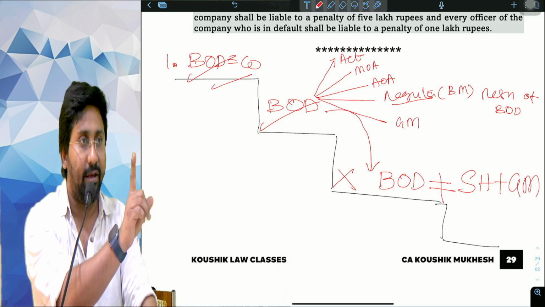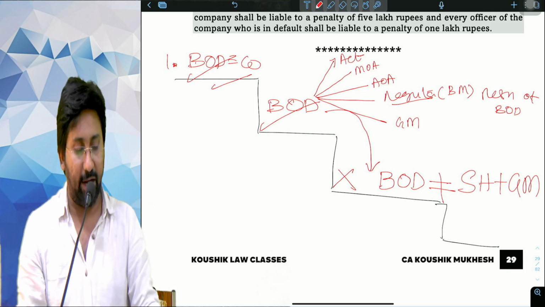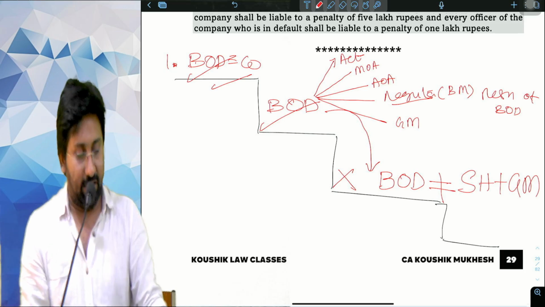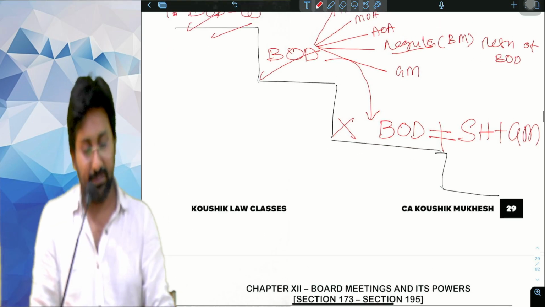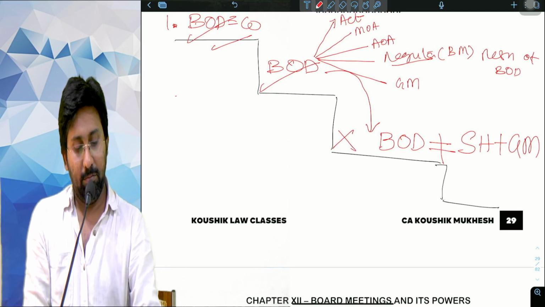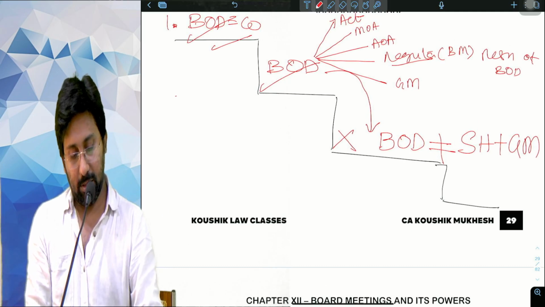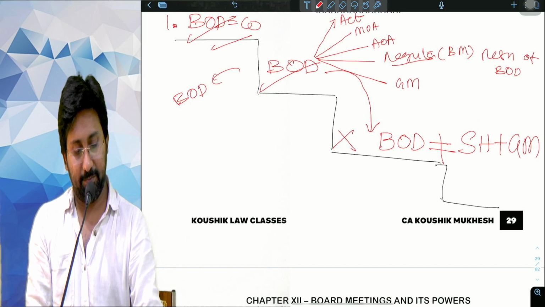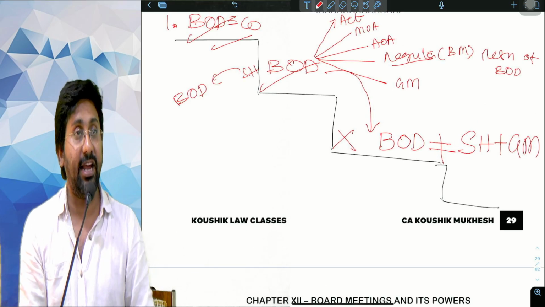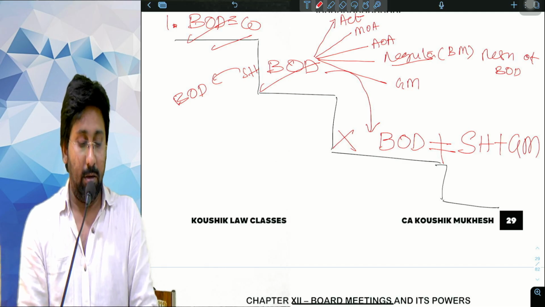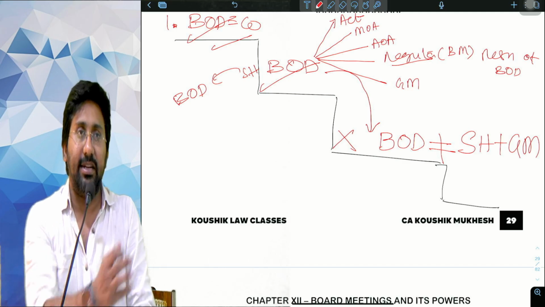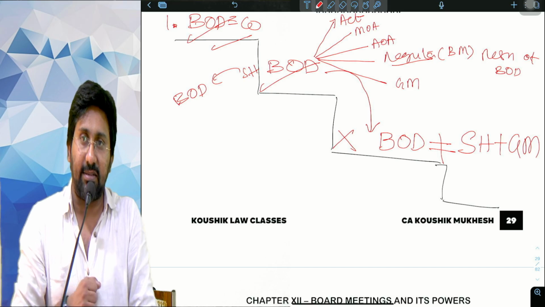That's clarity. Everyone understood the concept clearly? Okay, next issue. Last one. Before we go into the last one, I will ask you one question, answer this. Board of directors, can they take away the powers of shareholders and exercise them?